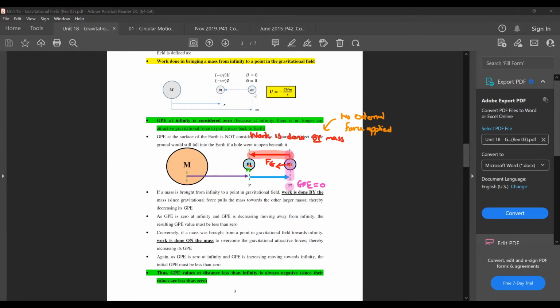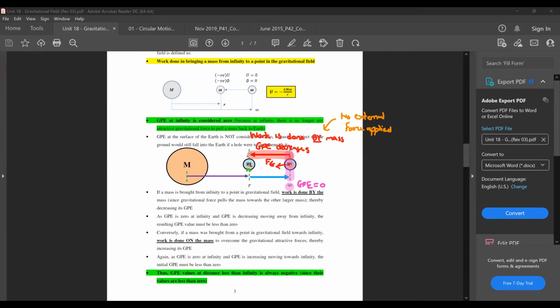When work is done by the mass, GPE will decrease. If work is done on the mass, GPE increases. But if work is done by the mass, GPE decreases. This is what's happening right now.